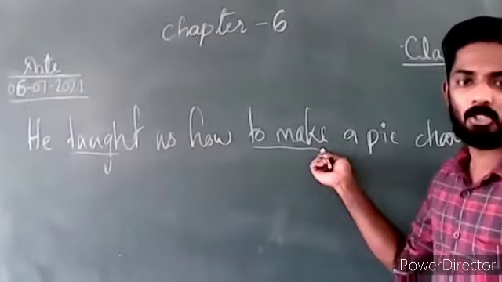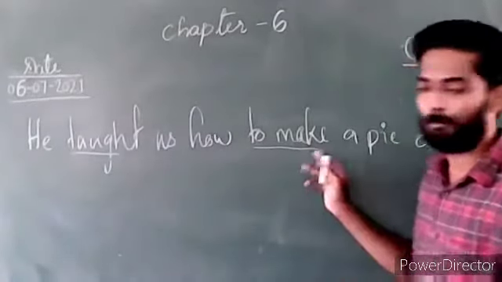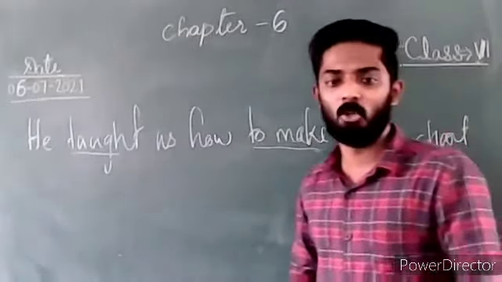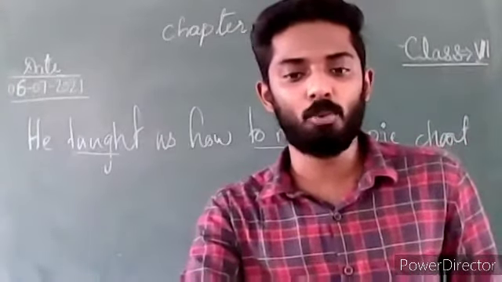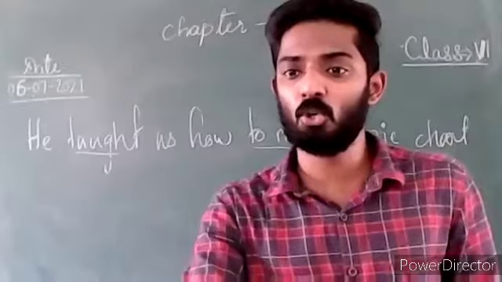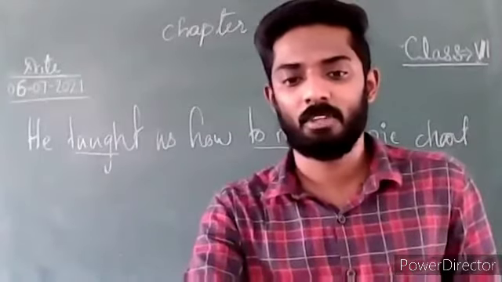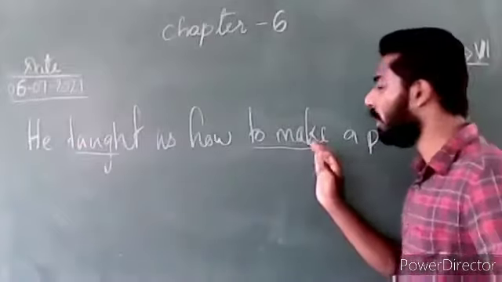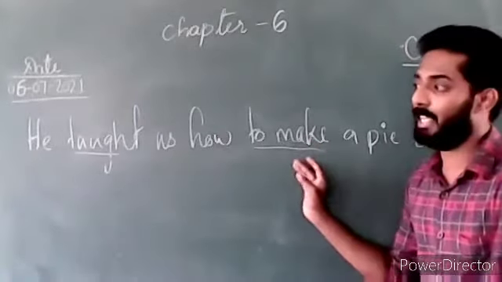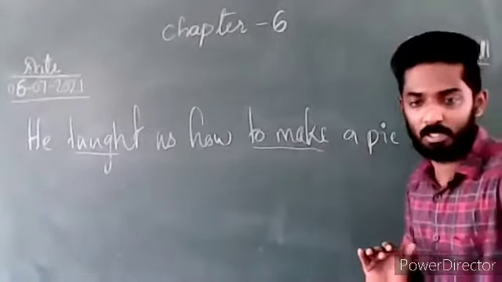To make, what does it mean? This is also a verb. Make is also a verb. But here the particular word "to make" does not show tense. It just acts as a verb in the sentence, or we can say a non-finite verb.